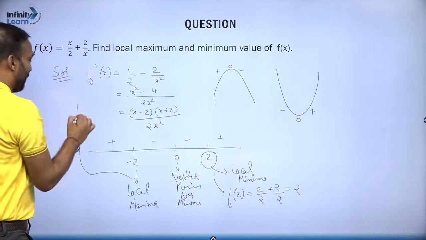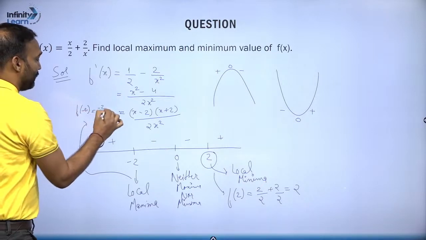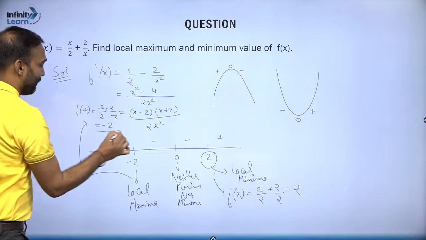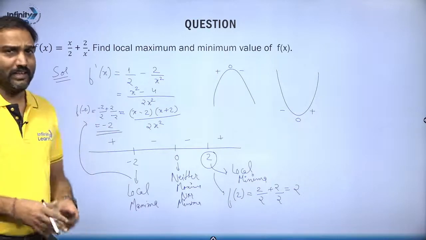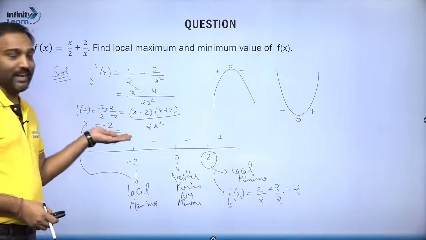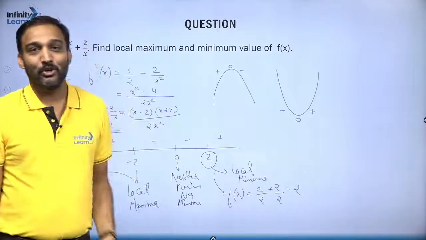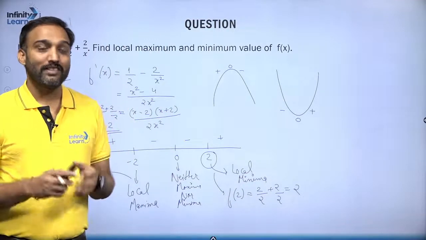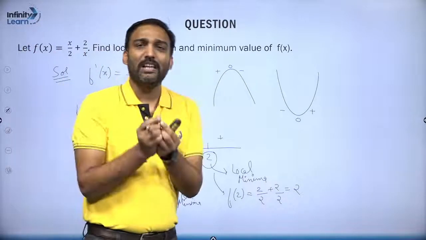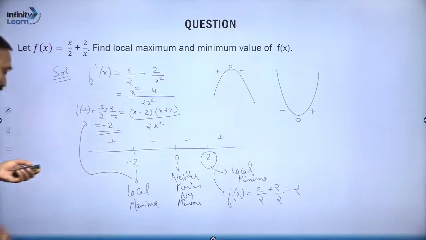Let's put x is equal to -2 over here. So -2 upon 2 plus 2 upon -2. Isn't it interesting? At a local maxima, I am getting a value which is negative, and at a local minima, I am getting a value which is equal to 2, which is positive. So always remember, this proves that local minima and local maxima are only in the neighborhood, not on the entire domain.